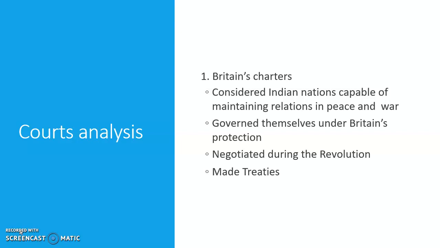They governed themselves. They made those treaties with Britain, however they were under Britain's protection. They continued to negotiate, as we know, during the Revolutionary War, playing different sides, making their own decisions, and all of that comes down to tribes being separate from states.